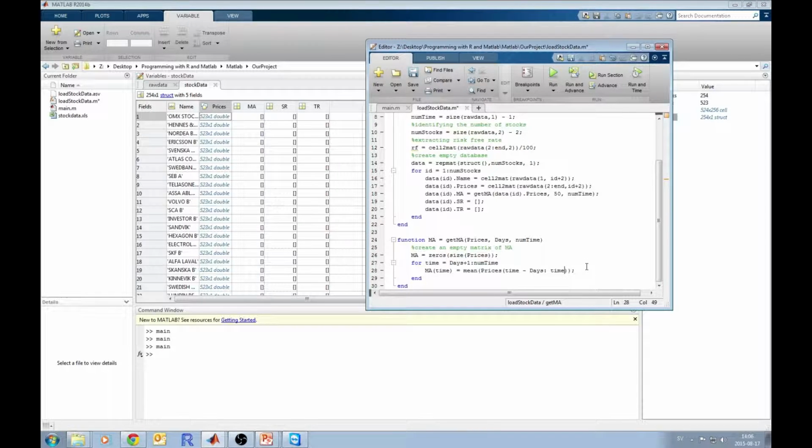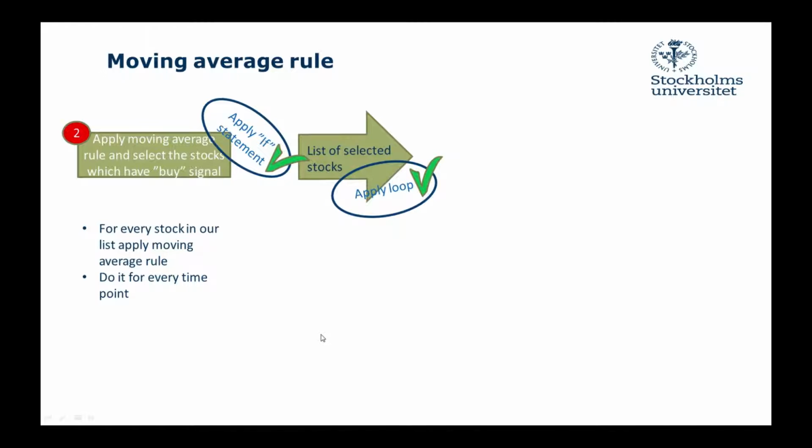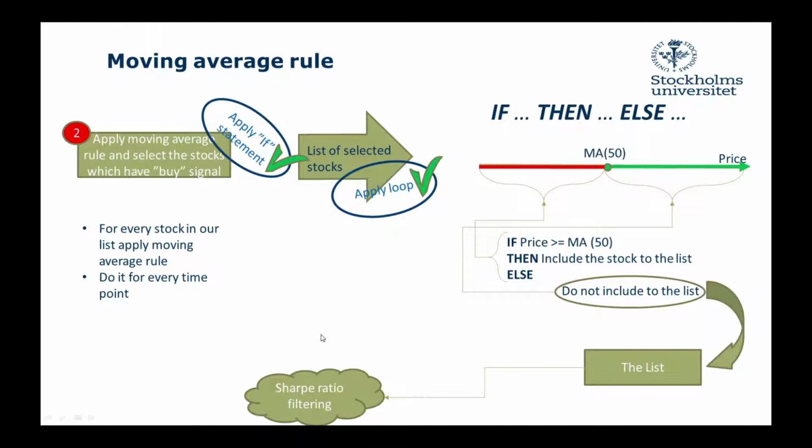And that's it. This formula here will calculate the average of the prices starting from 50 days ago till now. And here you see we added 1. So imagine now time starts from days plus 1. So then here it will be 1, and then it will be 51.